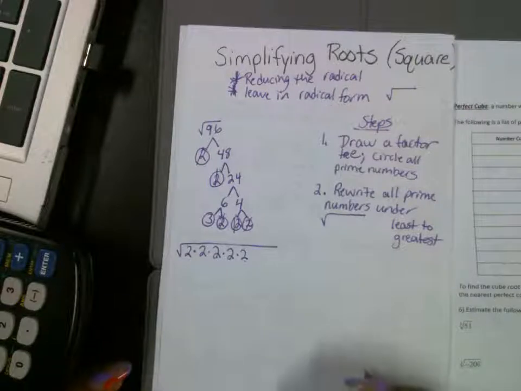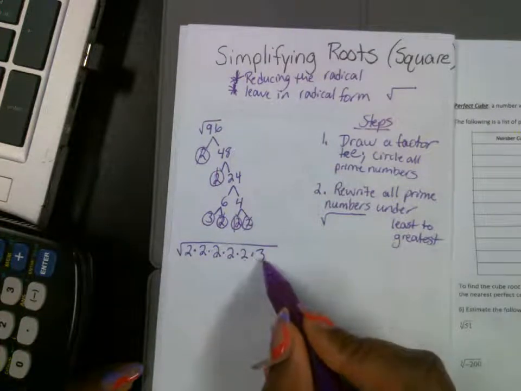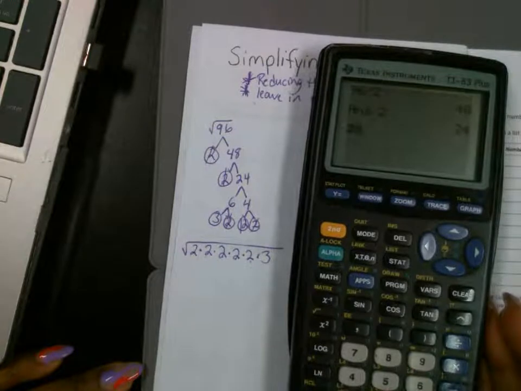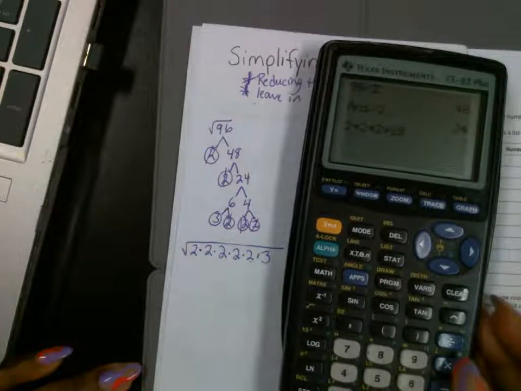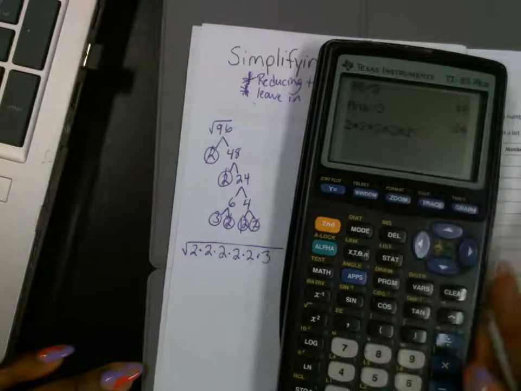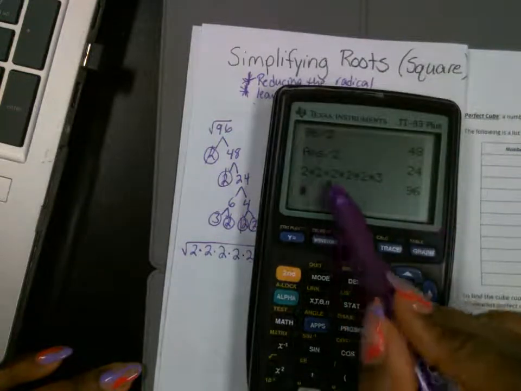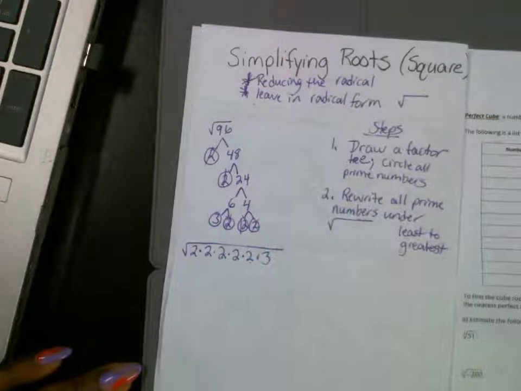And what else is left? 3. If I were to remultiply these numbers out, 2 times 2 times 2 times 2 times 2 times 3, I would get 96. This is the prime factorization for 96. So that's my second step.